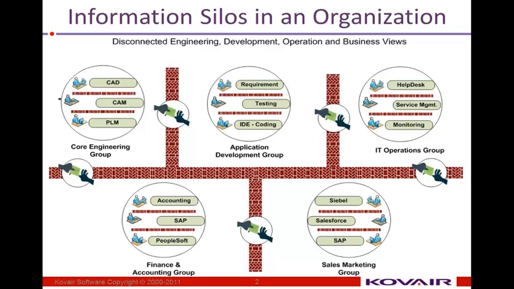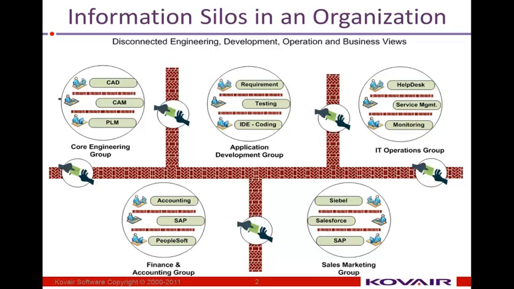You have the core engineering group, where people use different kinds of design tools, CAD/CAM tools, product lifecycle management tools, etc. Then you can have a software development group, an application development group. They're using a number of different development tools, requirements management, test management, etc. Then you have the IT group, which is using IT service management tools like the help desk, service management, etc.